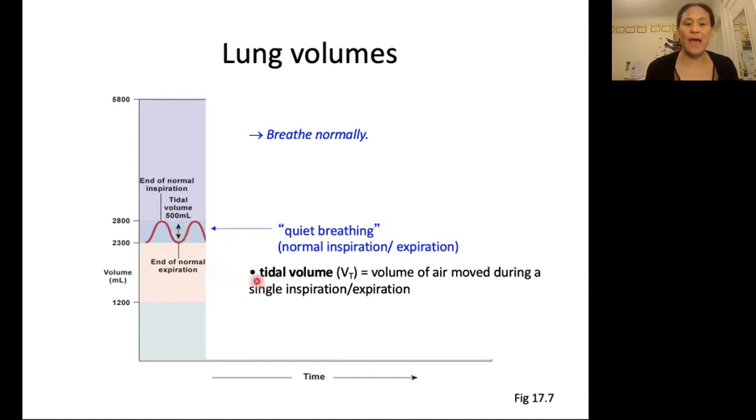We call that tidal volume, and it's denoted like this: a big V with a subscript T. Tidal volume is the volume of air moved during a single expiration or inspiration, and it is typically about 500 milliliters.